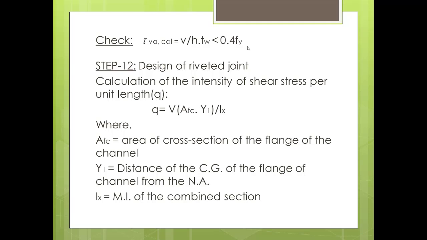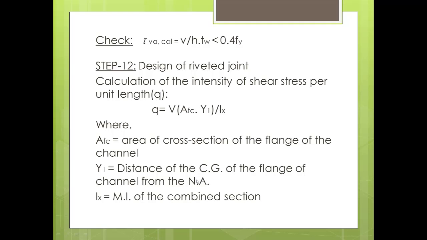The intensity of shear stress, small q, is given by capital V into AFC into Y1 divided by IX. Here, AFC is the area of cross section of the flange of the channel. Keep in mind, this is the area of only the flange of the channel section. Y1 is the distance of the CG of the flange of the channel from the neutral axis.